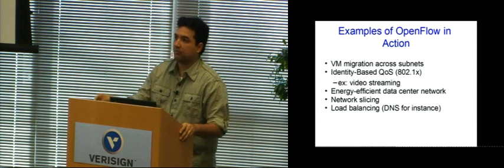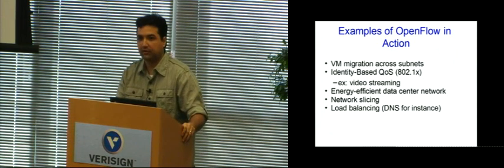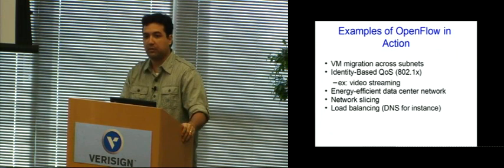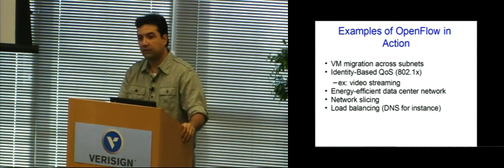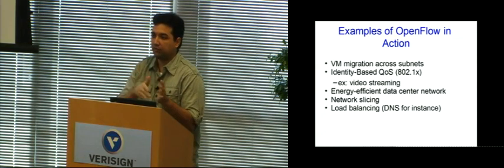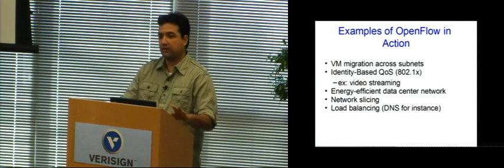One of the examples that we've been working with is video streaming. You have a demo that unfortunately we couldn't bring here. You have two different laptops with video streaming, two different users logged in, and they get different performance because there are certain rules depending on the group or the user, so you have different quality of service.